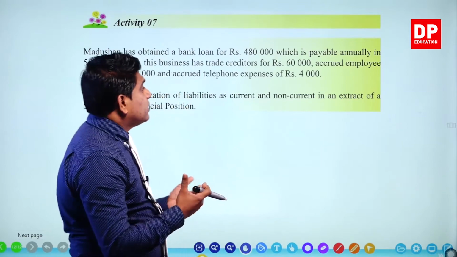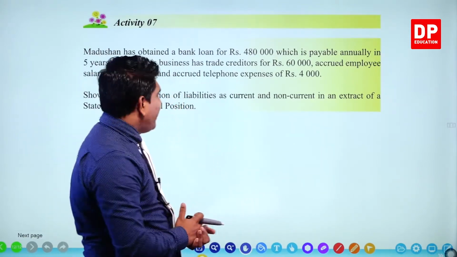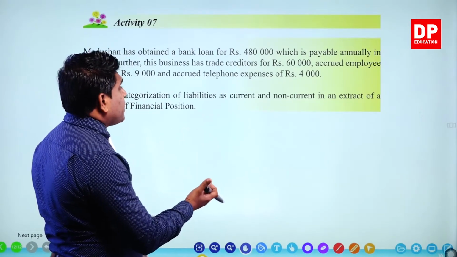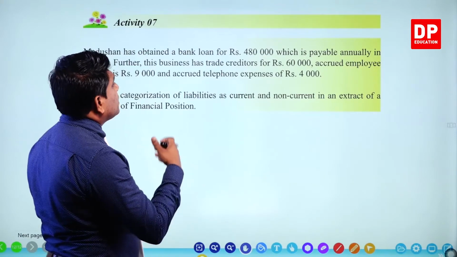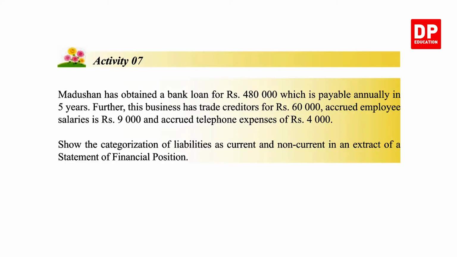Accrued employee salary means payable employee salary, current liability, 9,000. And accrued telephone expense is payable telephone expense, 4,000, that one also current liability.